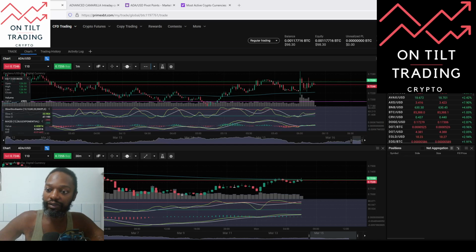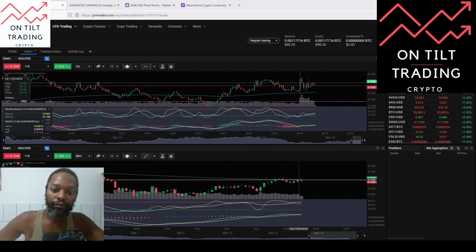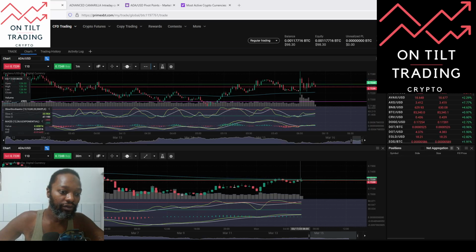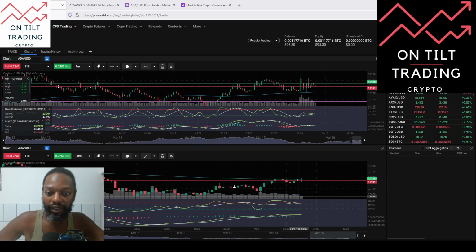We already had a slow K cross. If this 30-minute candle closes as is, we've got a slow K crossover on the slow stochastic. But the MACD is still positive. So there's not been a MACD crossover, but there is declining buyer momentum here.